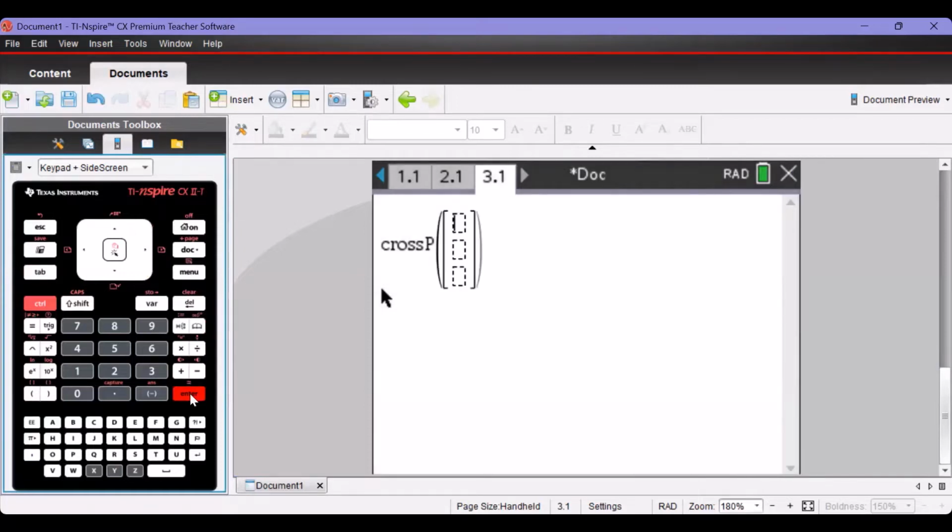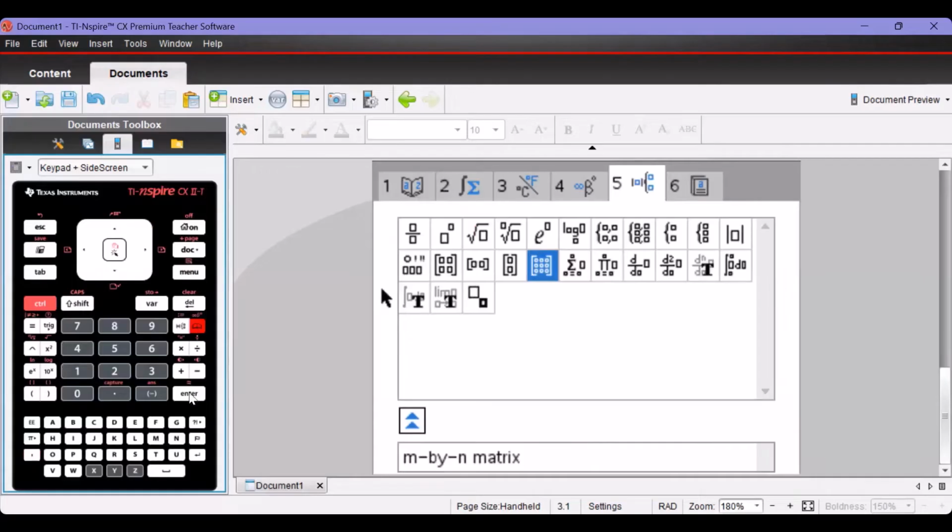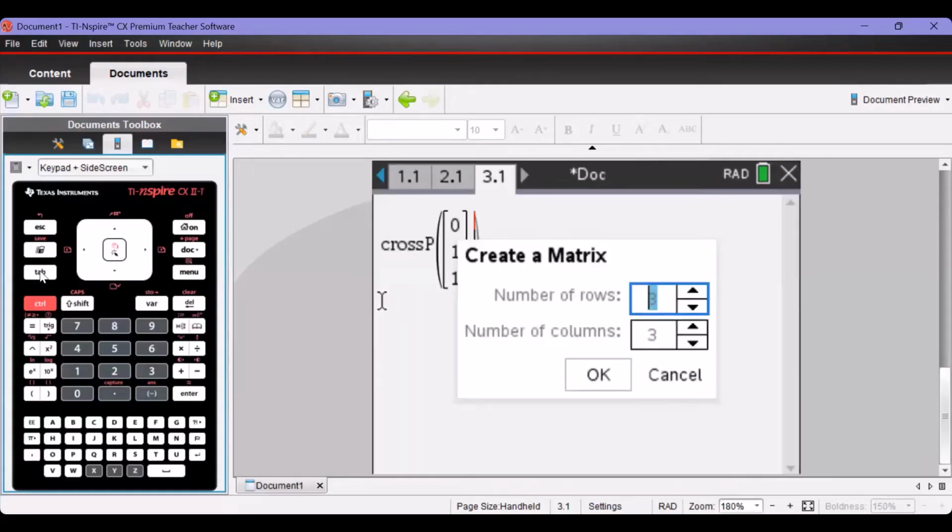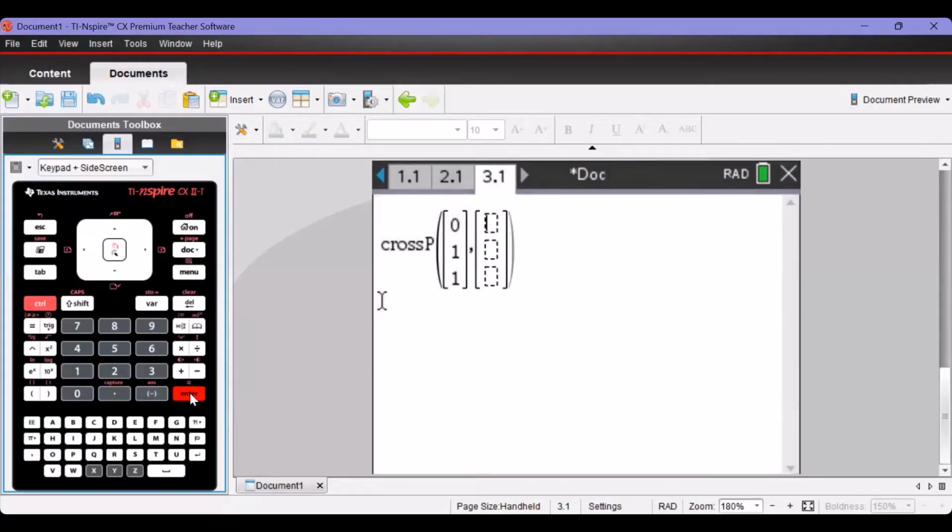And then it's a matter of entering 0, 1, 1, arrow to the right, press the comma button to separate the first vector from the second, and then repeat the process. So we go into the catalog again, and we want 3 rows, 1 column, and we now enter our second vector, which is 2, 0, 1.